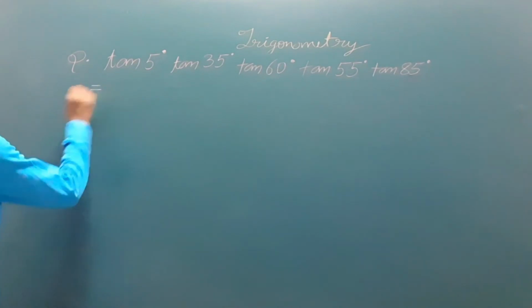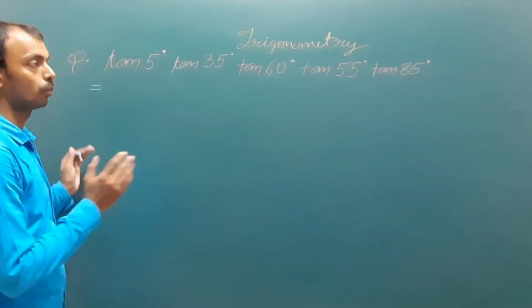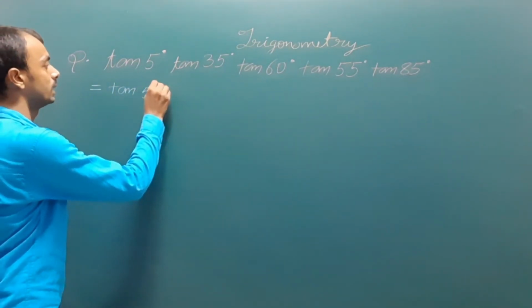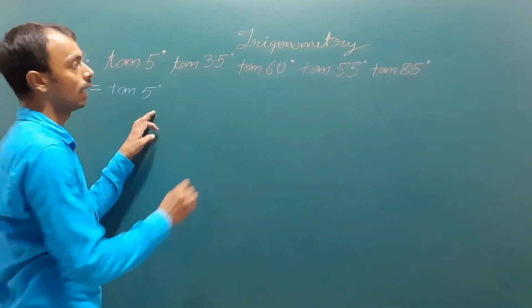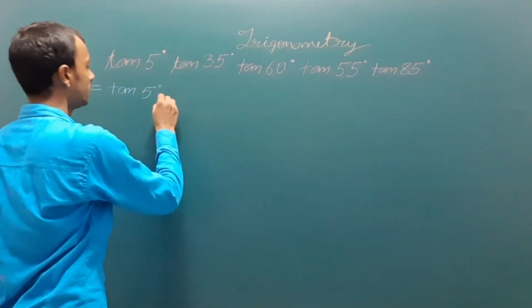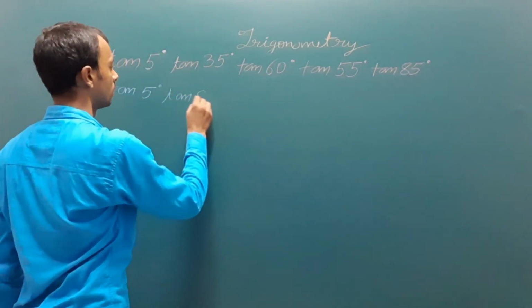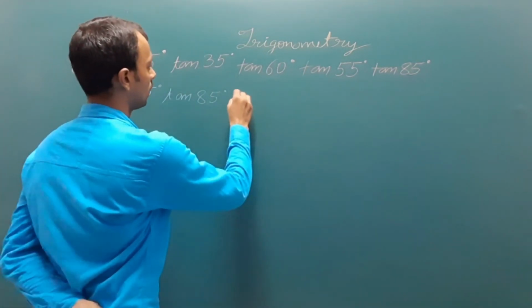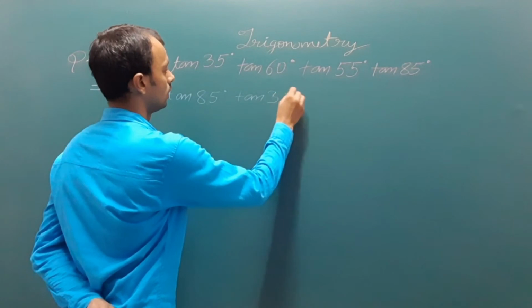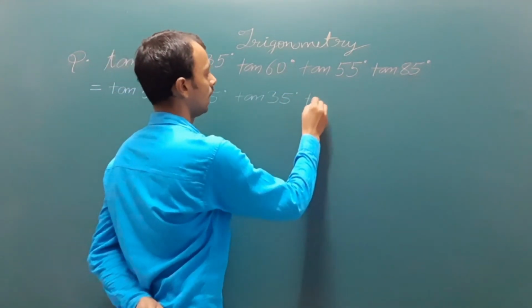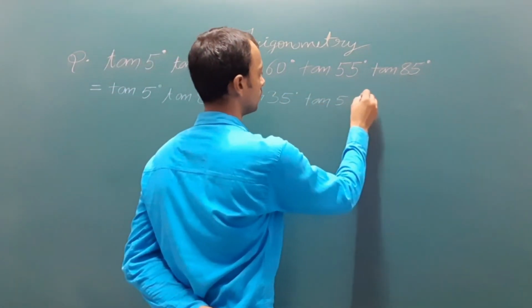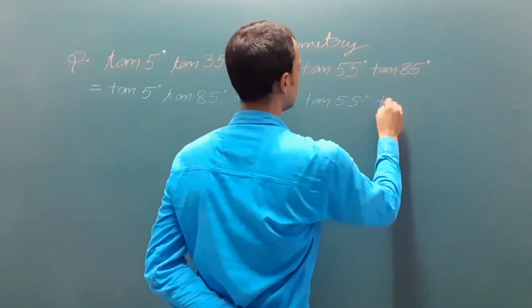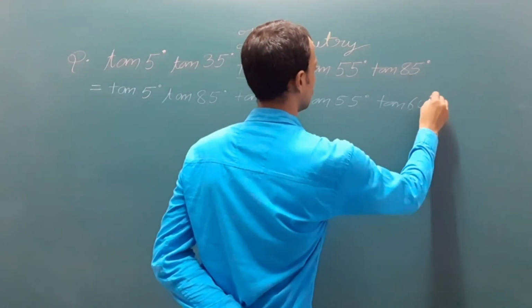So we will group the complementary values: tan 5 with tan 85, tan 35 with tan 55, and the remaining part, tan of 60.